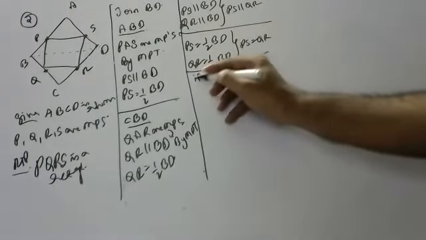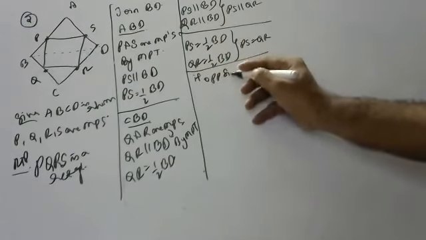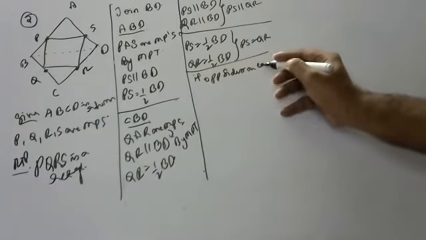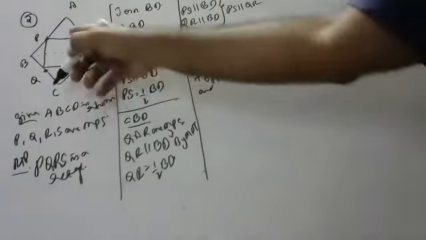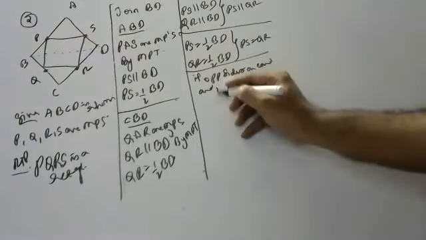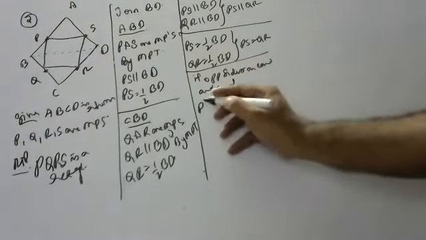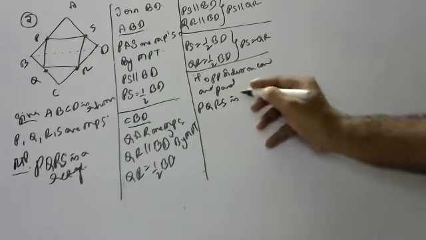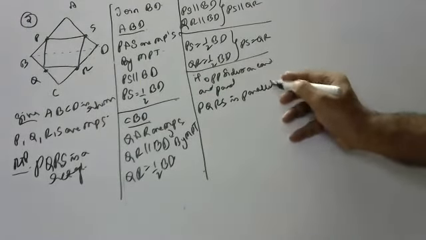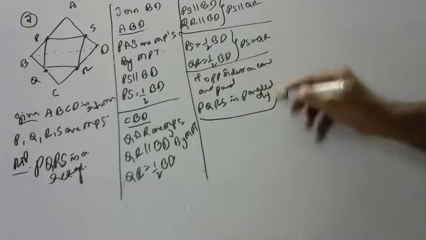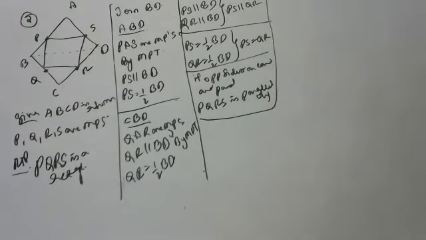If opposite sides are equal and parallel, I can say PQRS is a parallelogram. But he wanted us to prove it as a rectangle.